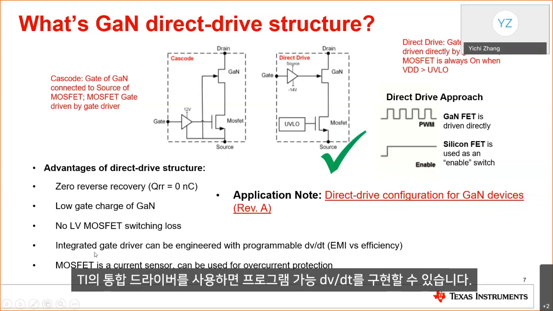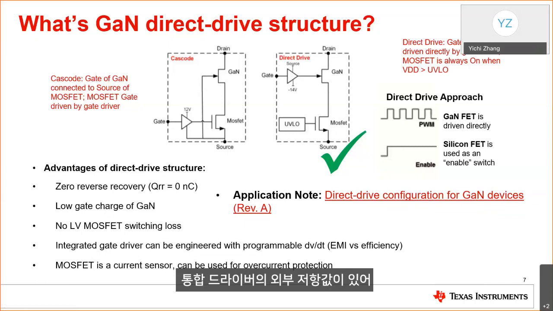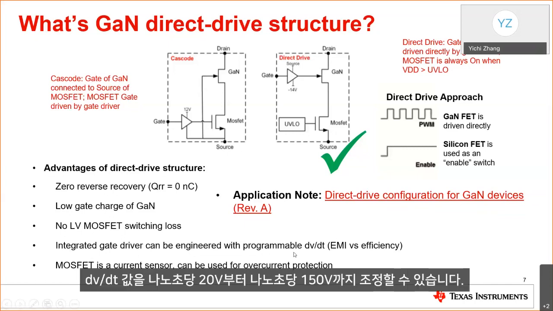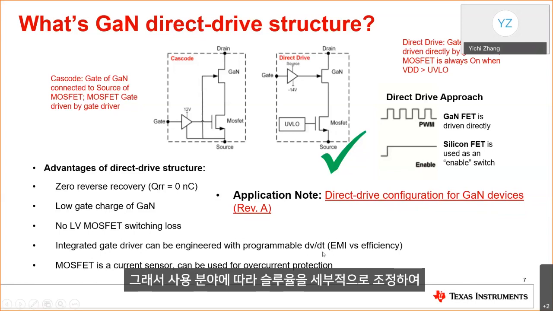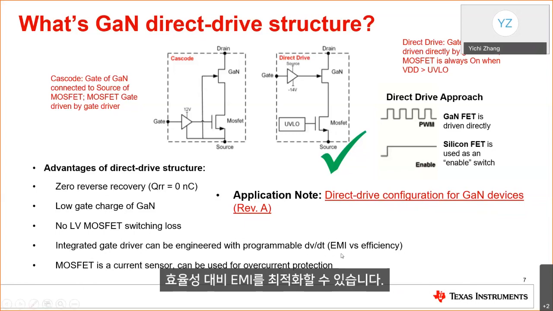With our integrated driver, we're able to implement a programmable dV/dt. So with the external resistor value, you can adjust your dV/dt value all the way from 20 volts per nanosecond to 150 volts per nanosecond. So you can fine tune your slew rates based on your application to optimize EMI versus efficiency.